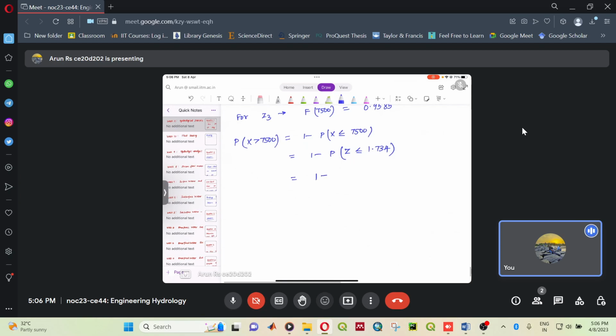That is nothing but 1 minus F of 7500, which is 0.0415, that is only 4%.